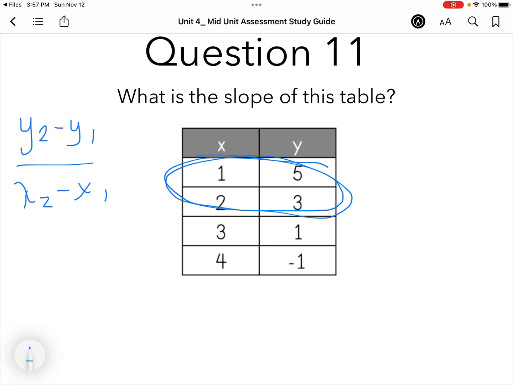So we've got 3 minus 5 divided by 2 minus 1. So 3 plus a -5 equals -2, and 2 minus 1 is 1. So our slope is -2.